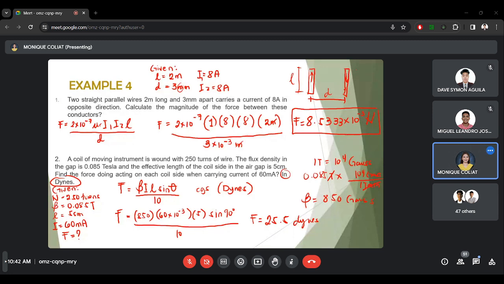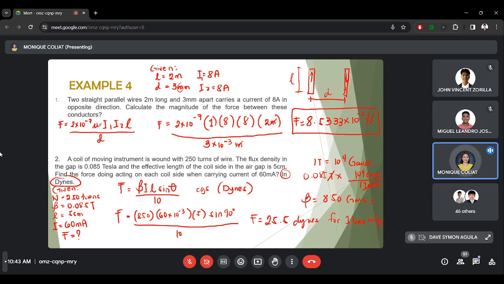So if it is like this, 25.5, this is not yet your final answer. Okay, ma'am, paano pang gagawin dyan? So, this force is just for one turn, for one turn only.